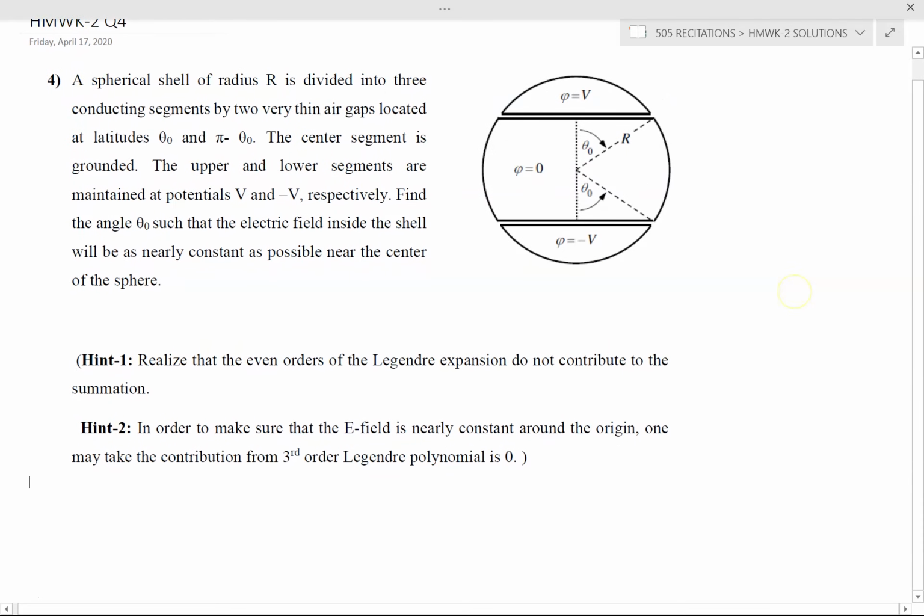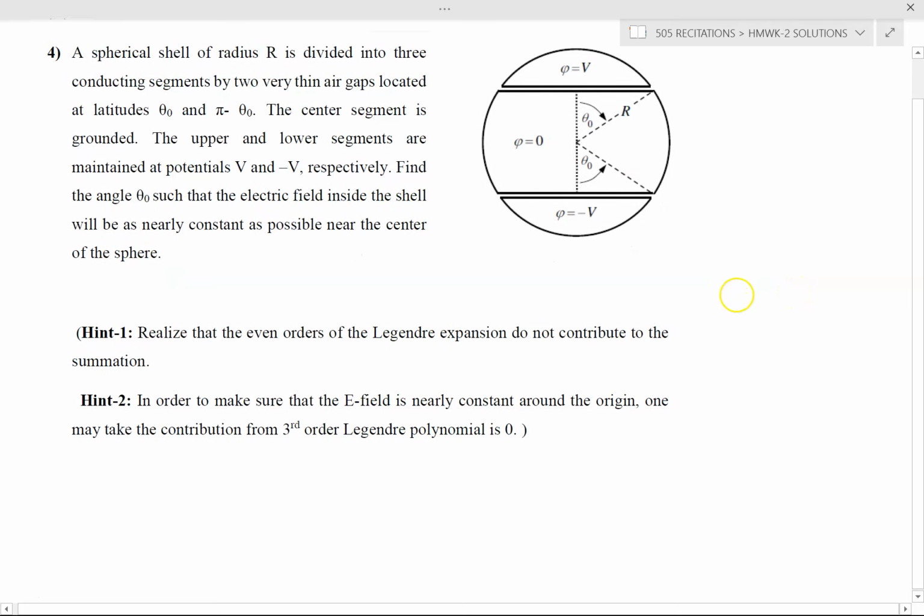We will be solving the Laplace equation for the spherical geometry.